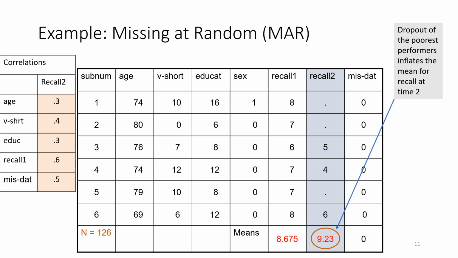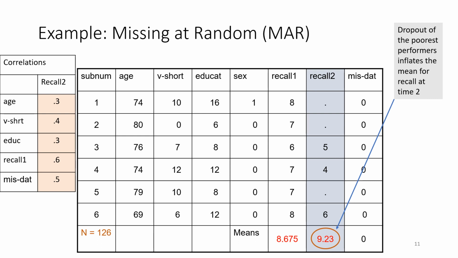Most importantly, the mean for recall 2 has gone bigger, and that is a problem. That represents that the missing data are missing in a biased fashion that is changing some of the fundamental descriptive statistics that we obtain.